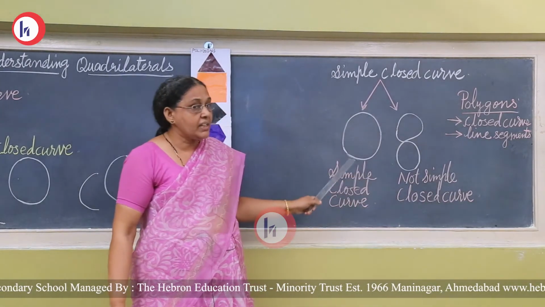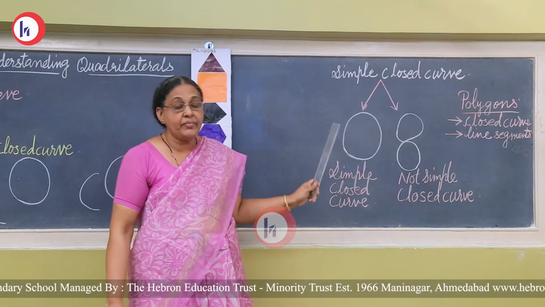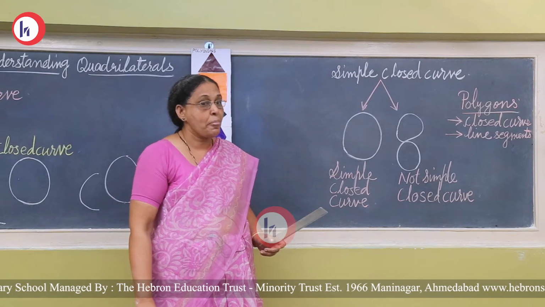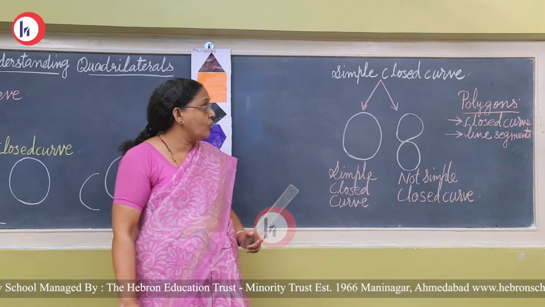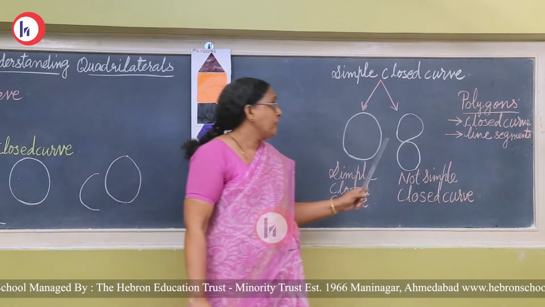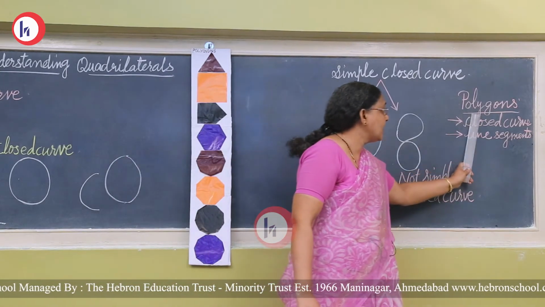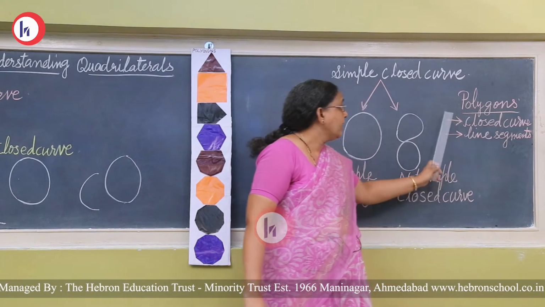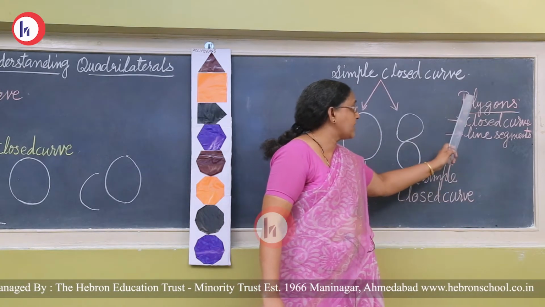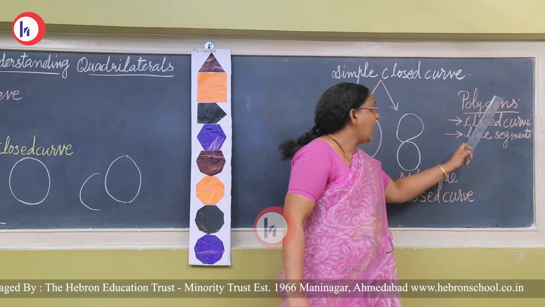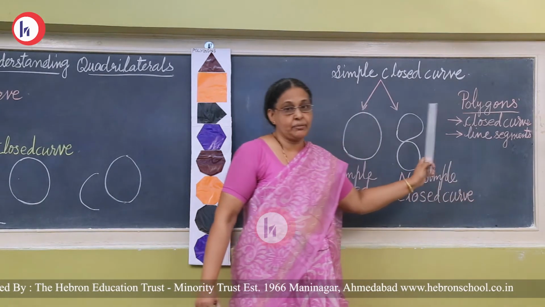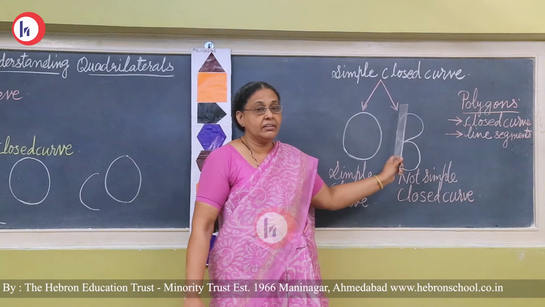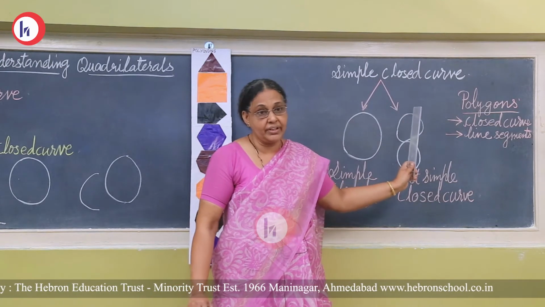Now, when a simple closed curve is formed with line segments, we call it a polygon. So what are polygons? Polygons are very important. Polygons are figures which are closed curves made up of line segments. That means a circle is not a polygon.